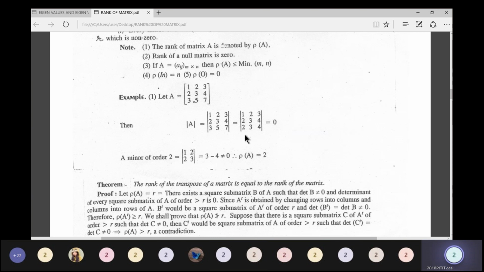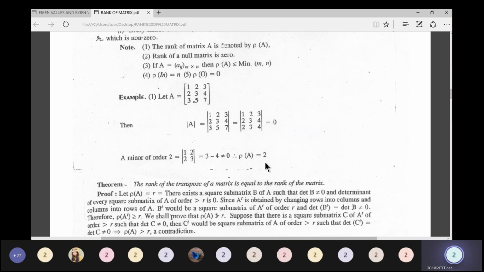The determinant value is 0, so definitely the rank will be less than 3. Now take any 2 by 2 minor, okay, 1, 2, 2, 3. It is non-zero, so rank of A is 2.